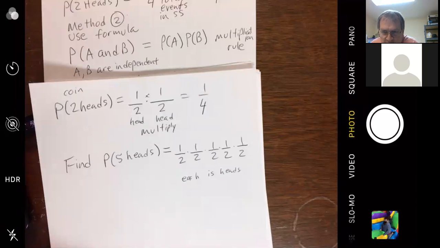Y'all are both muted, so if you're trying to talk to me, I can't hear you. What I'm seeing now is probability A and B equals P(A) times P(B), and then probability of 2 heads equals 1/2 times 1/2 equals 1/4.